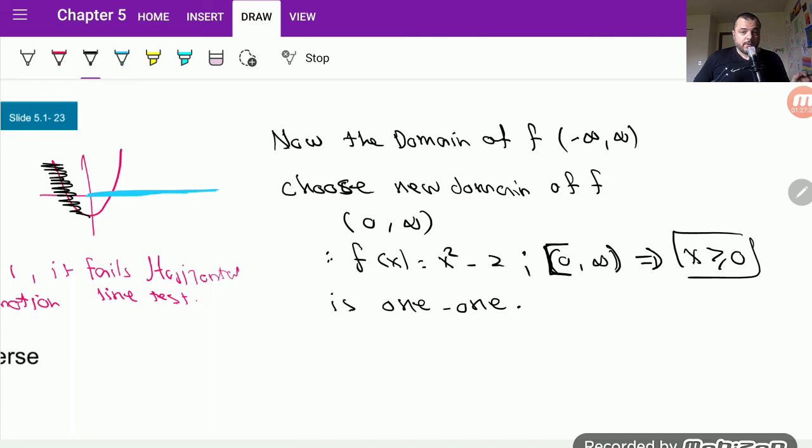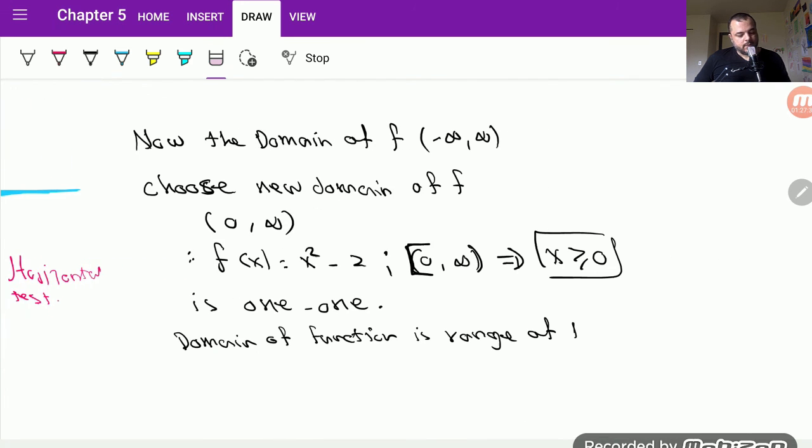So the domain of the function is positive. And if you remember, we said the domain of f of x, of the function, is the range of its inverse.